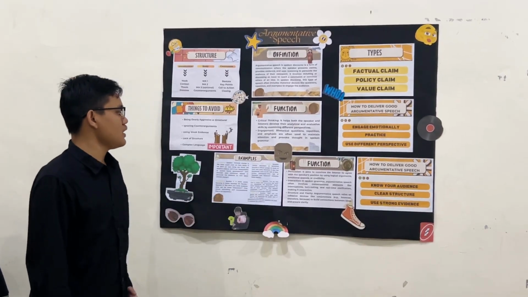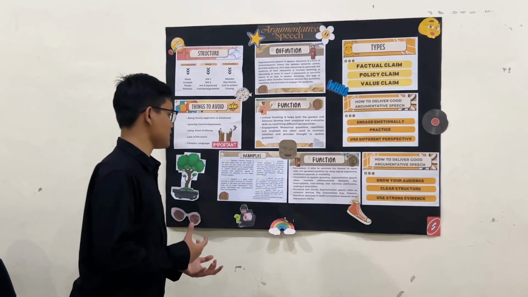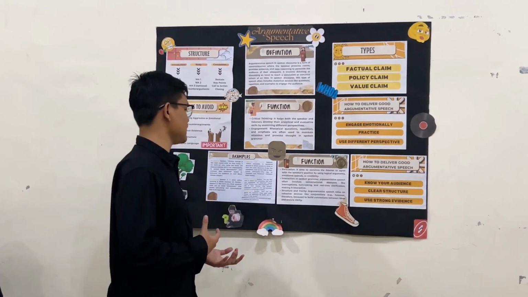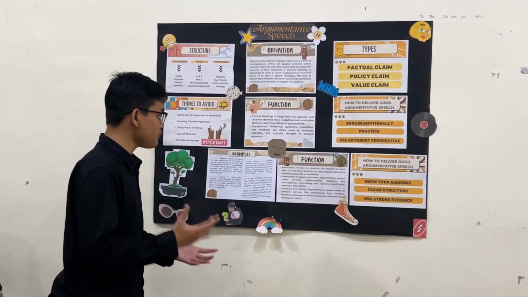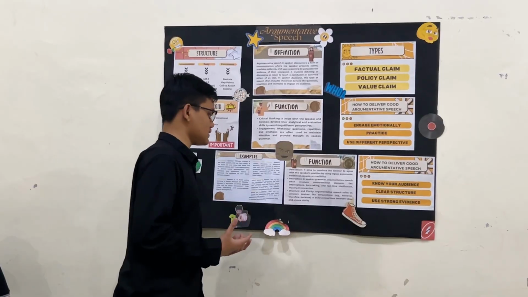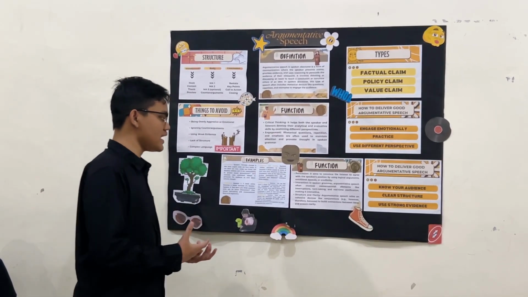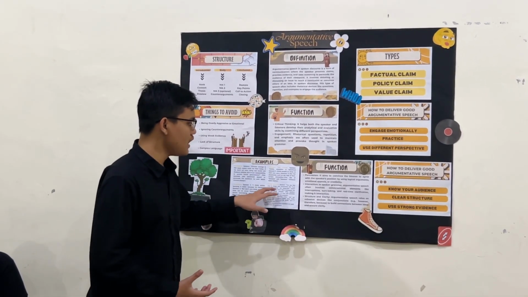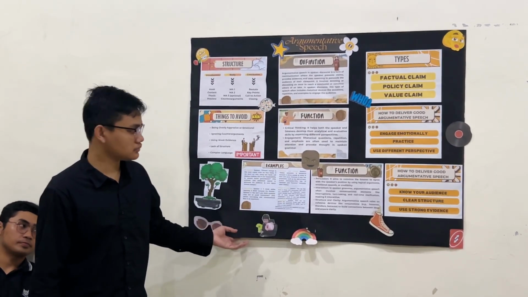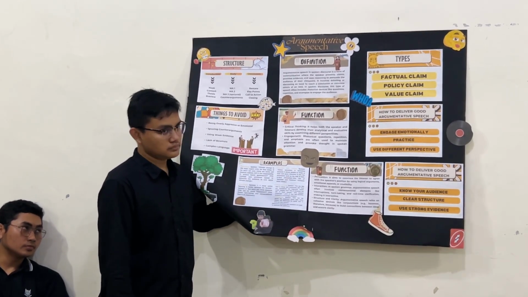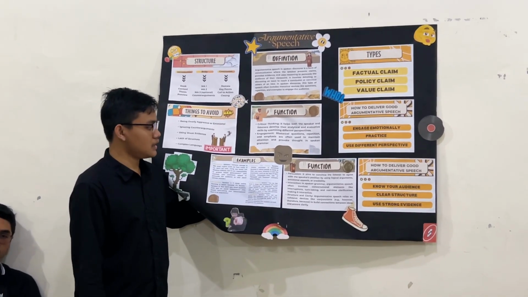For example, online education is beneficial because it allows people to study at their own pace. However, it also has drawbacks such as the lack of face-to-face interaction. So where is the clarity here? What is the text again?